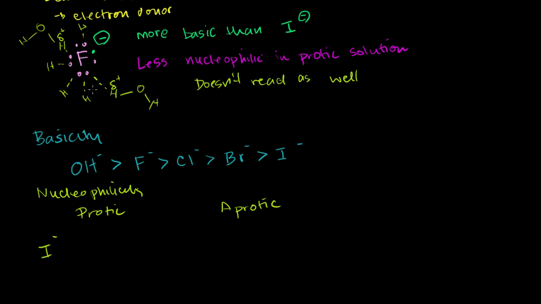It doesn't have a tight shell. It has this big molecular cloud, and some people think it also has kind of a softness. It has this polarizability where that cloud can be pulled towards the carbon and do what it needs to do. So in this case, iodide is a better nucleophile, let me just say, than hydroxide, which is a better nucleophile than fluoride.